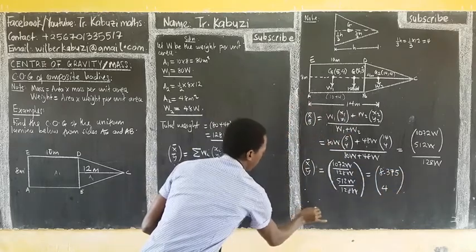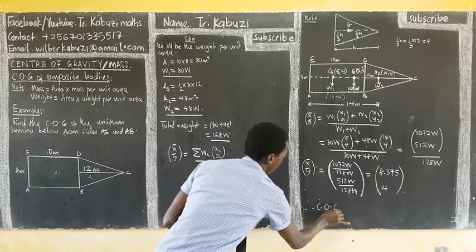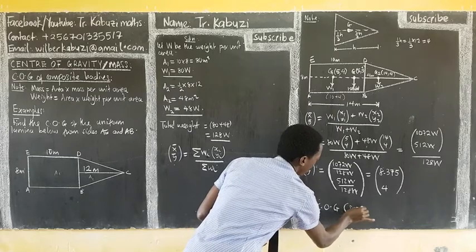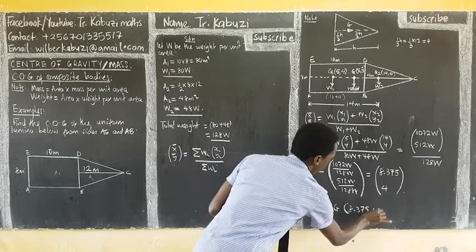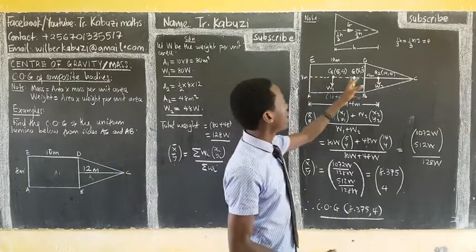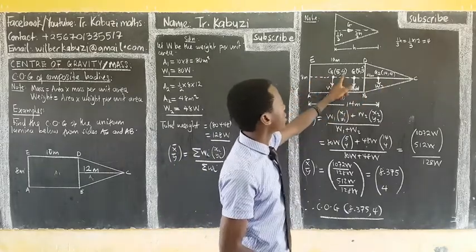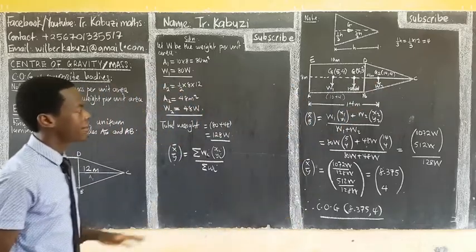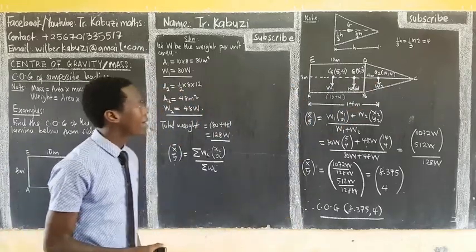So therefore, my center of gravity is going to be at 8.375, 4. I think you see, because this was the line of symmetry, it means that it's also going to be there, as simple as that. So that's how I handle it.